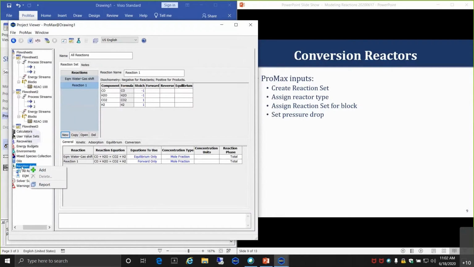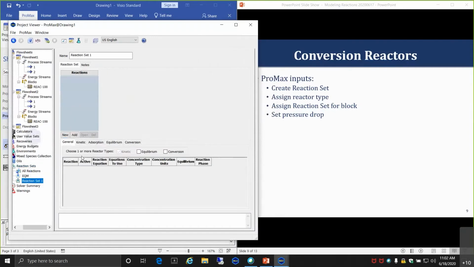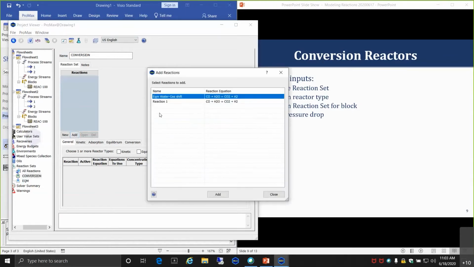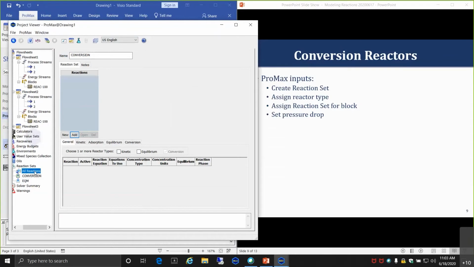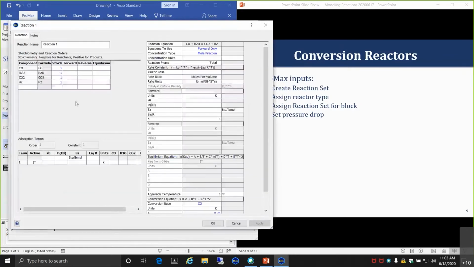We're going to create our reaction set. Again, you right click on reaction sets and click add. This is the conversion, so this is a conversion reactor. So we'll pull everything else off, and we're going to add, oops, I didn't change the name. So I want to come over here.